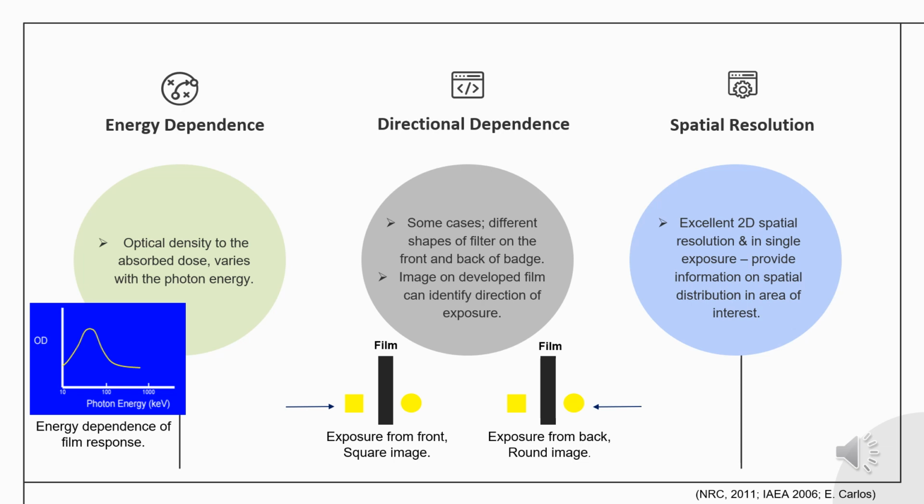The position of the point where the dose is determined, which is its spatial location, should be well defined in the reference coordinate system. So, film dosimeter has excellent 2D resolution, where the point measurement is limited only by the resolution of the evaluation system. That's all from me.